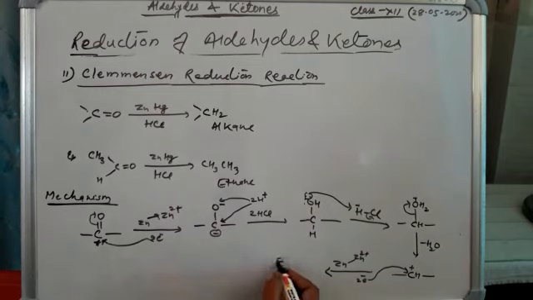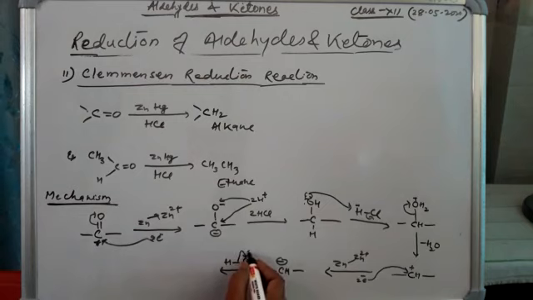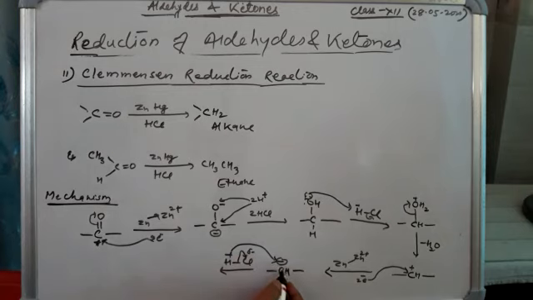CH appears with a negative charge, and in the medium of HCl this is negative and this is positive. So the positive charge goes towards the carbon and the formation of alkane takes place.